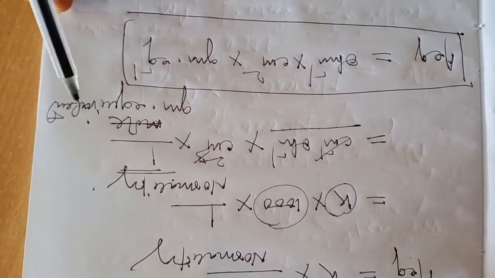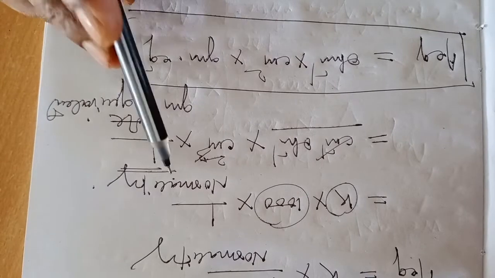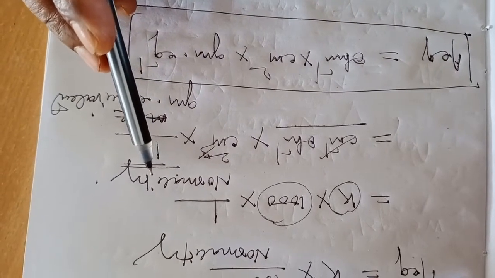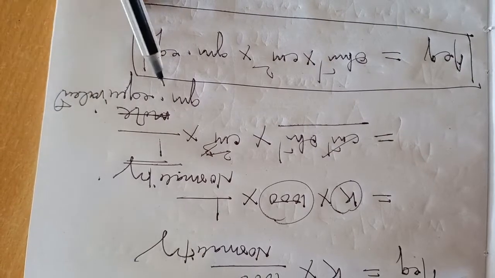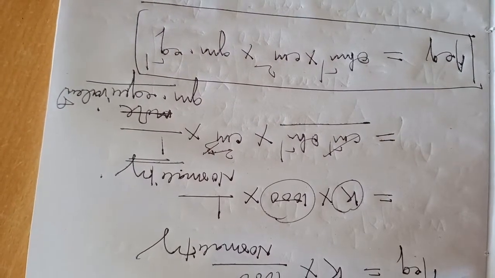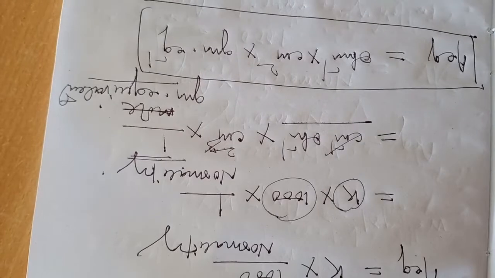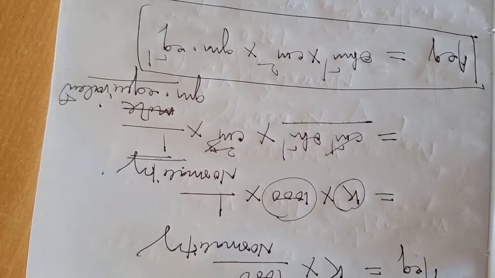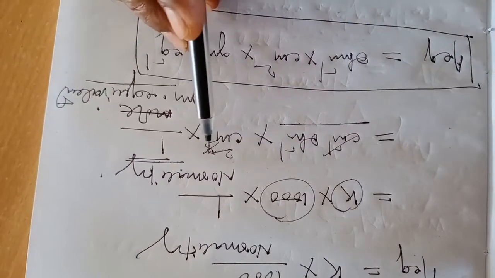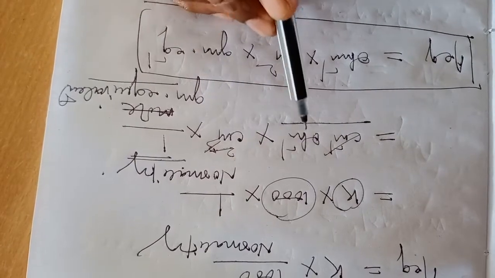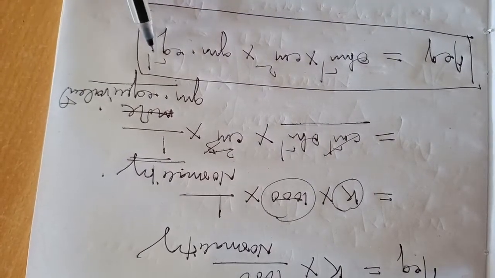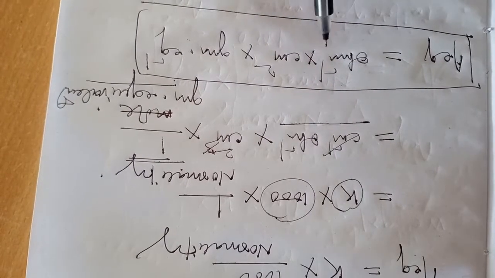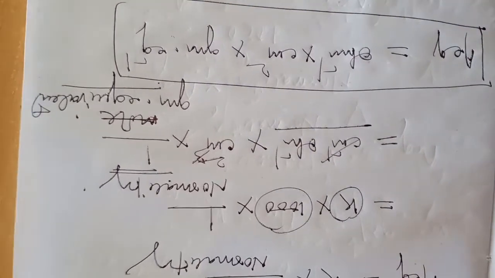Normality means gram equivalent per 1 liter of solution. So the unit is ohm inverse cm square gram equivalent inverse.